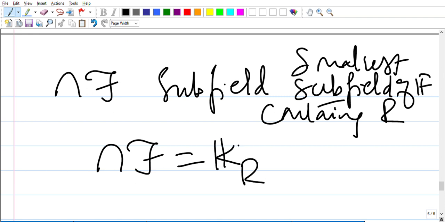So it's a subfield of F which is generated by R. So let me have this notation. K subscript R will always denote the smallest subfield of F containing R.